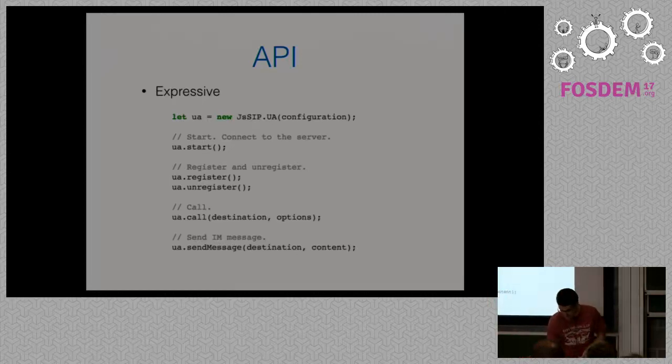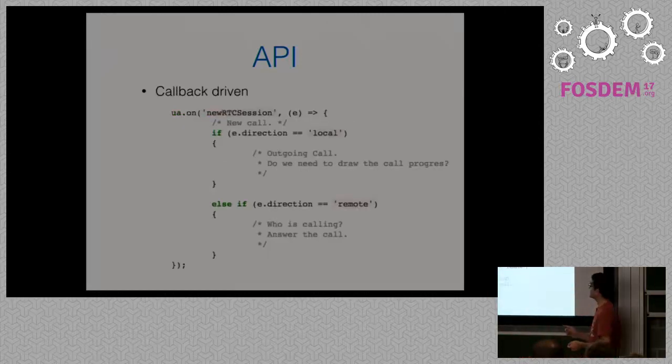Also, it is a callback-driven API, meaning that the communication between the JsSIP objects and the user is through callbacks. So you define your callback functions in order to set your logic. When a new RTC session comes, you set a new RTC session callback function.